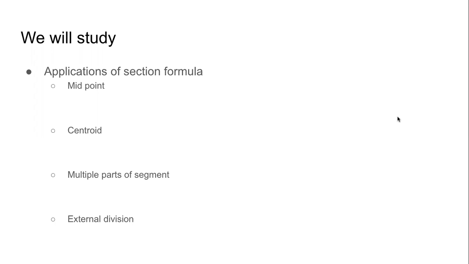We will use that to understand how we can find the midpoint of a line segment, how we can find the centroid of a triangle, and how we can find the points that divide a line segment in multiple equal parts. Finally, we will see how we can find the coordinates of a point which divides a line segment externally. These are the 4 things we are going to cover.